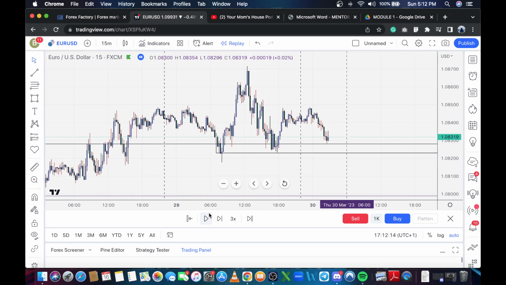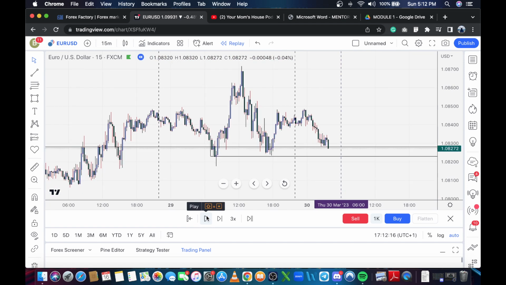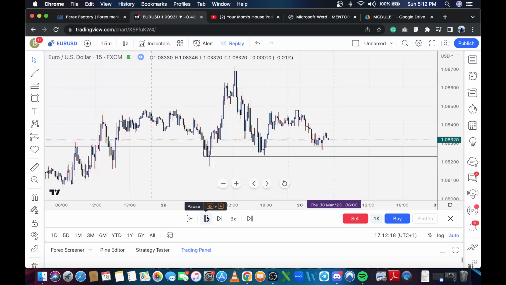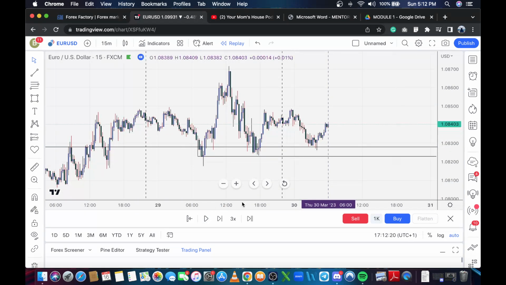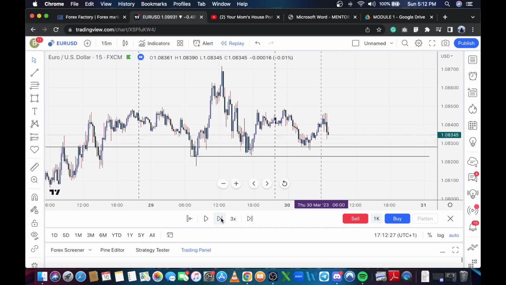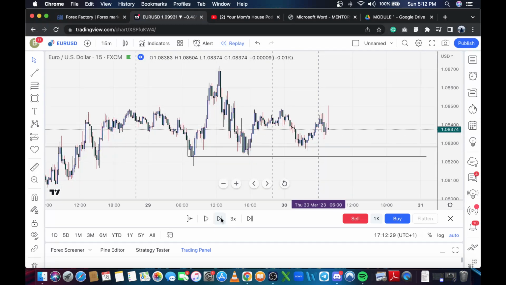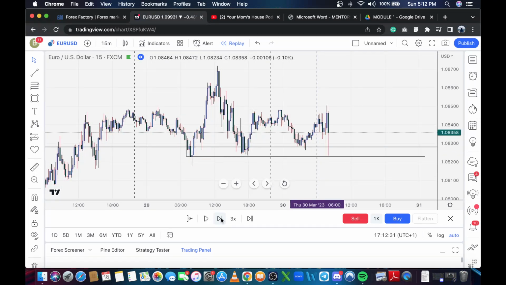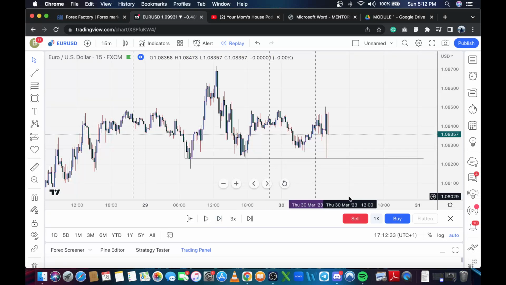And let's watch what price does next. So we have left shoulder, we have head, we have the right shoulder, and look at what price does. Price runs below the neckline.